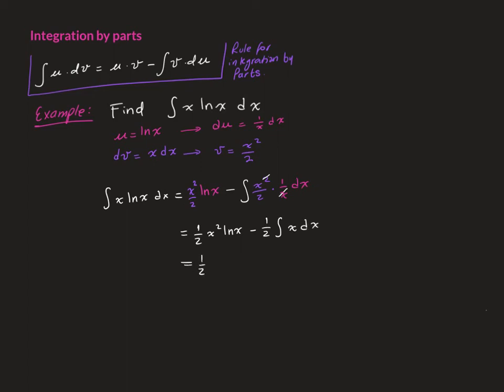That is 1/2 x squared ln x minus 1/2 of the integral of x, which is x squared over 2, plus the integration constant c. So the final answer, I can write it as 1/2 of x squared times ln x minus 1/2, plus c.